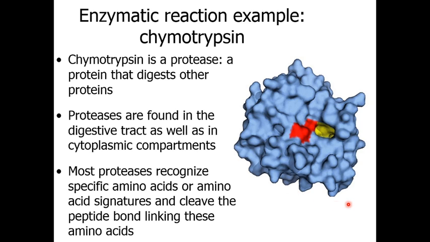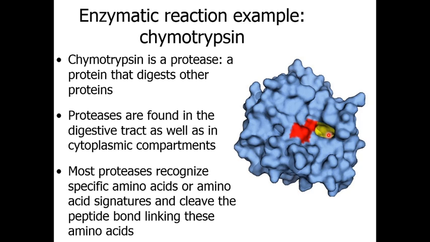Shown on the right is the structure of chymotrypsin. The blue colored surface representation helps in understanding how a substrate binds in a pocket. For example, the red colored region shown here are the amino acids that are found in the active site of this enzyme.